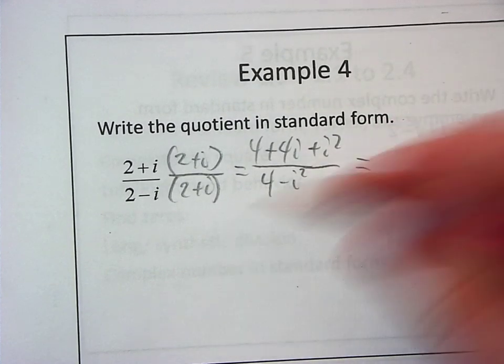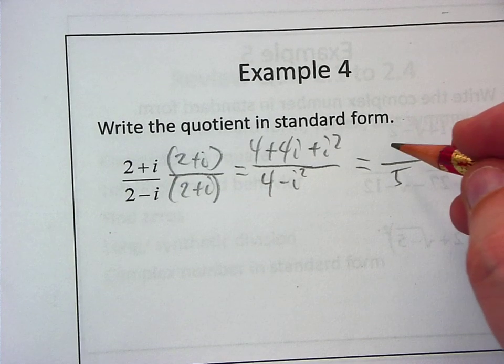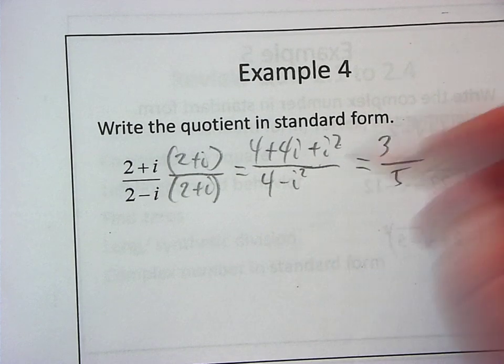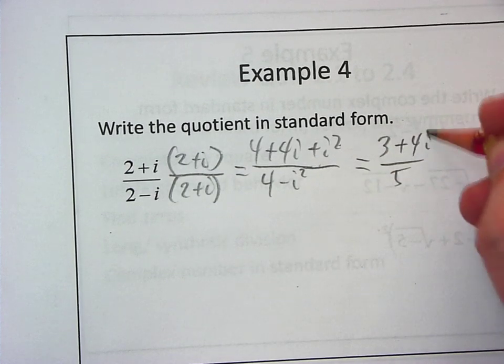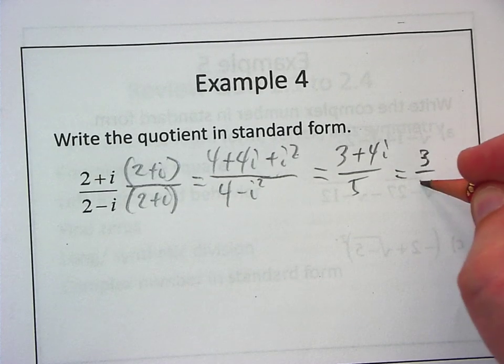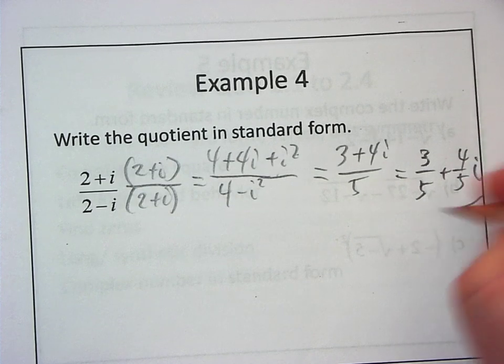So on the bottom, that's just going to give you what? 5. On top, what's the real component going to be? 3, because that's negative 1, right? Plus 4i. And then I'm going to split up the fraction. So I have 3/5 plus 4/5 i.